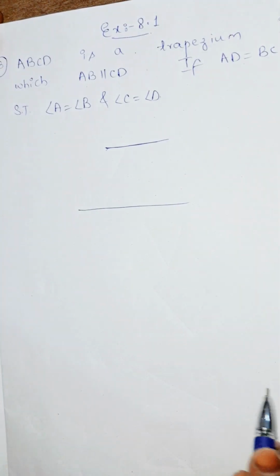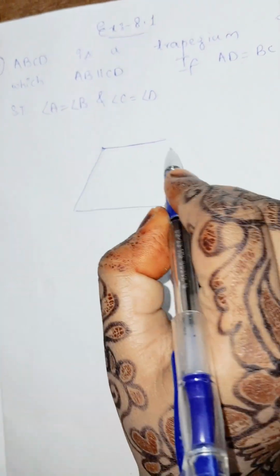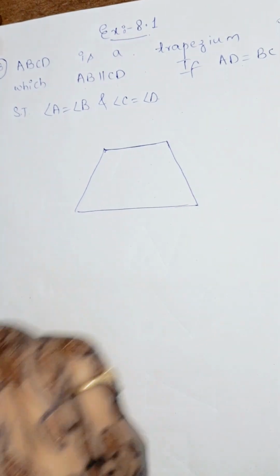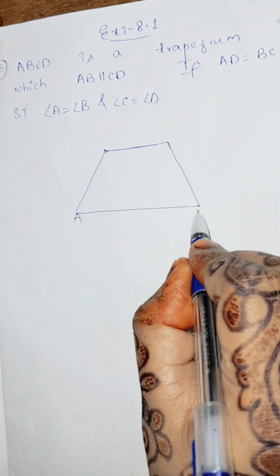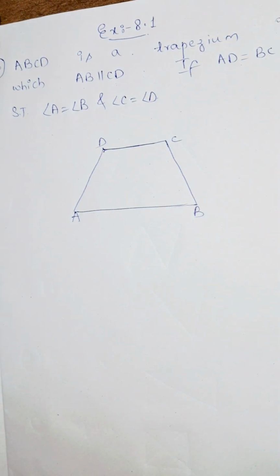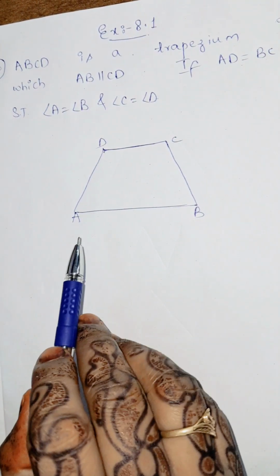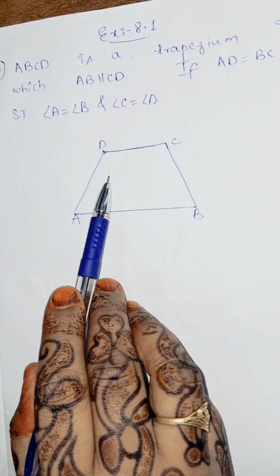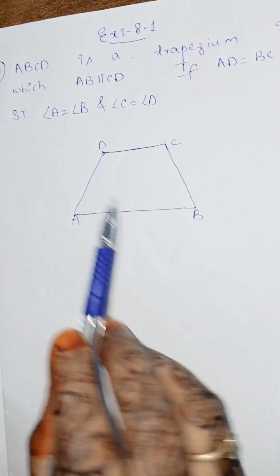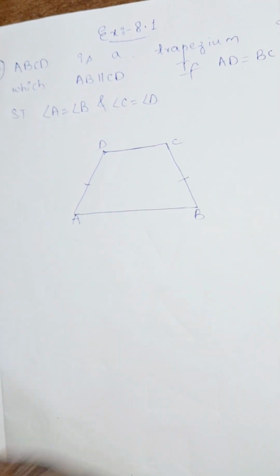Like this, the trapezium will be, yes, one pair of opposite sides parallel, right? A, B, C and D. Next, what they are saying, if AD is equal to BC, show that angle A is equal to angle B. So AD is equal to BC, they are saying.